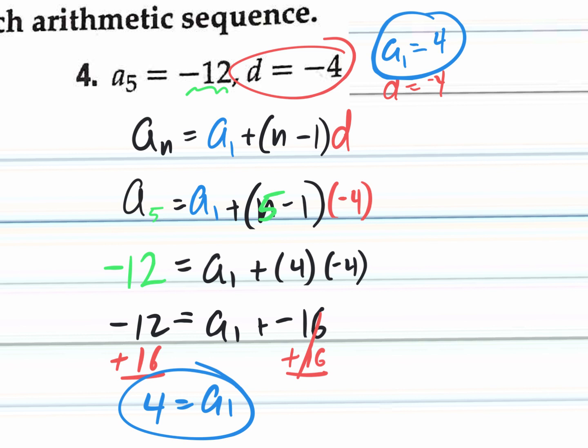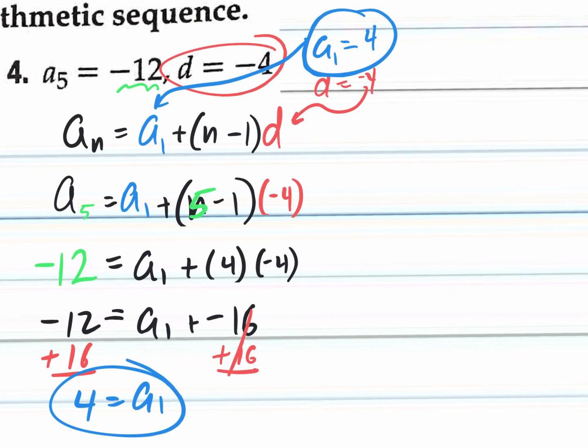So now we have the two things that we need to write our a sub nth rule, and we're going to plug in that 4 right in here and plug in the minus 4 right there. Making some space right here, we have a sub n equals 4 plus parenthesis n minus 1 times a common difference, which is negative 4.